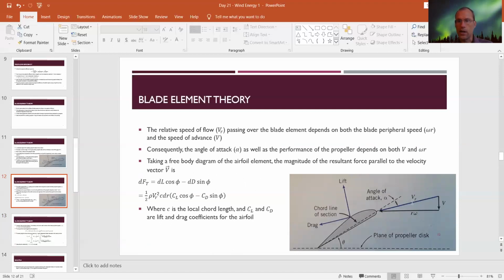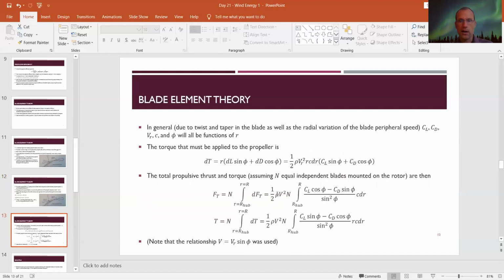So V is just this guy times sine phi. So using that, VR is V over sine phi. So I can replace this guy with V squared and then have a sine squared phi on the bottom. So sine squared phi is going to depend on R because phi depends on R. And then obviously R depends on R. CL and CD depend on R.